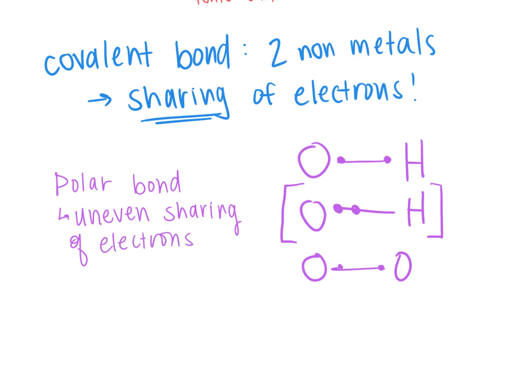Within a bond, we are sharing electrons unevenly. One of our atoms wants the electrons more than the other. So that is called a polar bond.